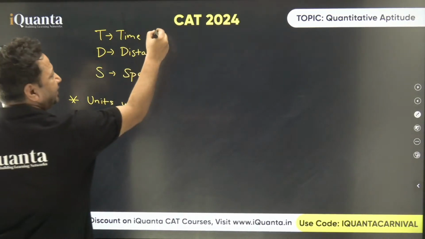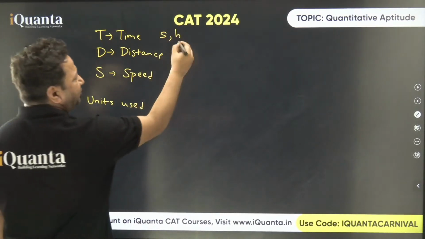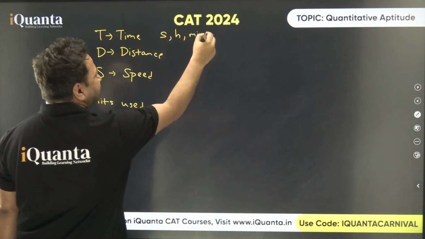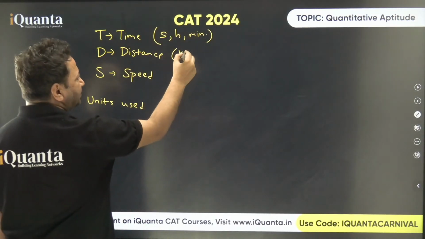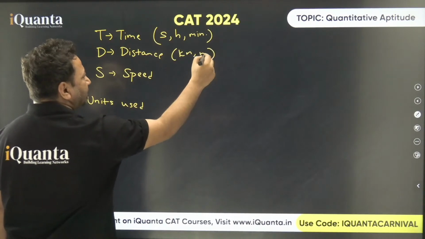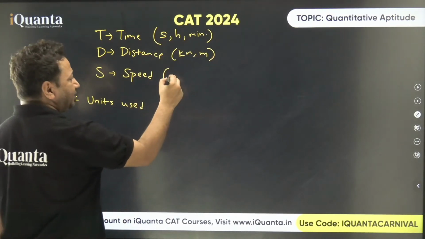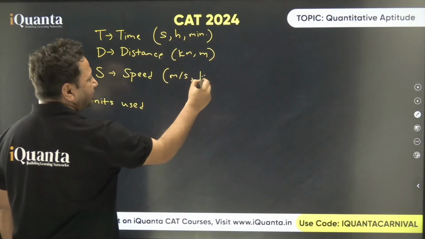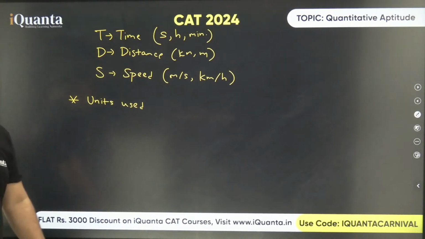Time can be in seconds, time can be in hours. In some cases, time can also be in minutes, but majorly it is seconds or hours. Distance majorly is in kilometers or meters. We should keep a watch on this. And speed will be meter per second or kilometer per hour. So these things must be kept in mind. They are very, very simple fundamentals.